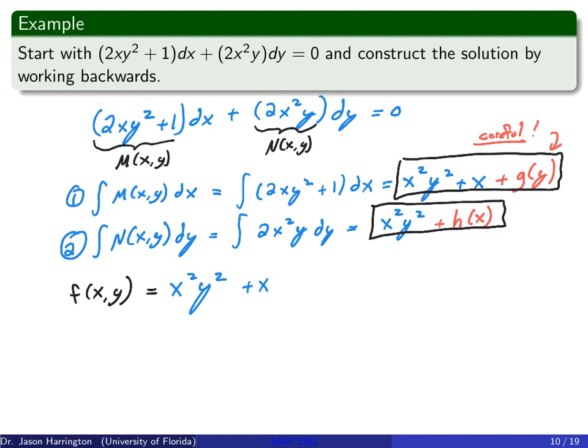And the answer is yes, because remember, I can set this to anything and it will work. I just need to find one that will satisfy both of these boxes. So in this case, if I let h of x equal x, it now satisfies both, and then the g of y I can just set equal to 0. And that's now a function that satisfies both conditions.